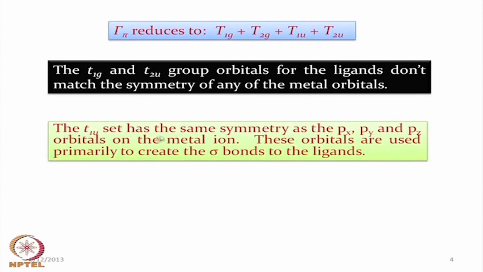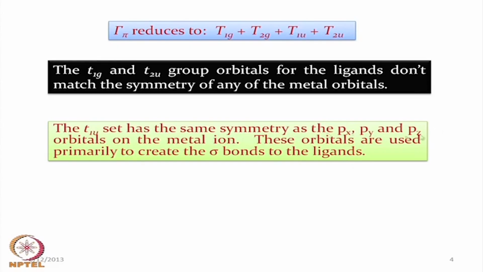The T1u set has the same symmetry as the px, py and pz orbitals on the metal ion. These orbitals are used primarily to create the sigma bonds to the ligand. So, out of these 4, the T2g is what we are taking for the 3 d orbitals. The T1u set we have seen for the sigma interactions also, that means in the reducible representation for sigma interactions there also T1u symmetry was there, and that T1u symmetry utilizes the px, py and pz orbitals from the metal ion.